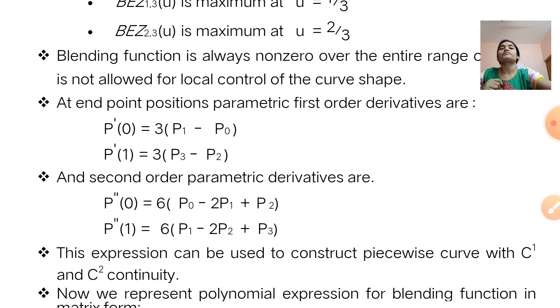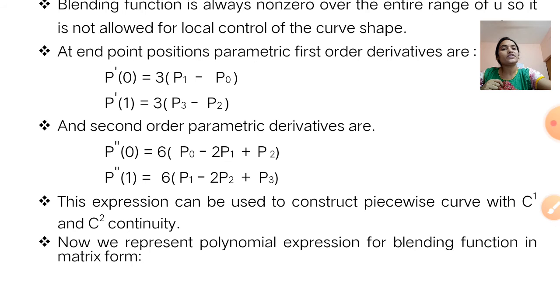So these expressions can be used to construct piecewise curves with C1 and C2 continuity. C1 means first order parametric continuity, C2 means second order parametric continuity.